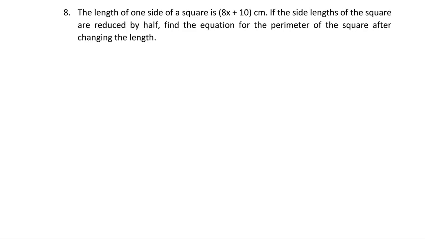Okay, so to find the reduced length, we are going to take 8x plus 10 minus, in brackets, 8x plus 10 over 2. Let us solve this. We are having 8x plus 10 minus 4x minus 5.